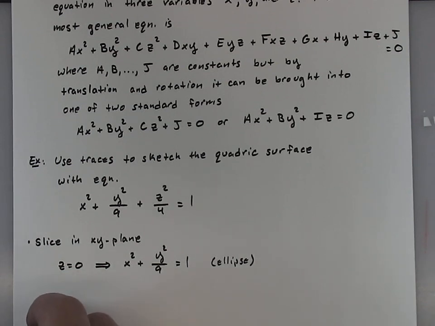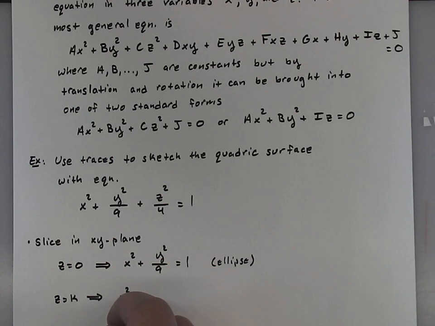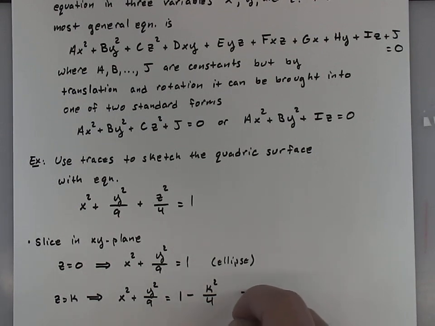If z is equal to some constant k, then this equation turns into x squared plus y squared over 9 equals 1 minus k squared over 4, where k is between -2 and +2.